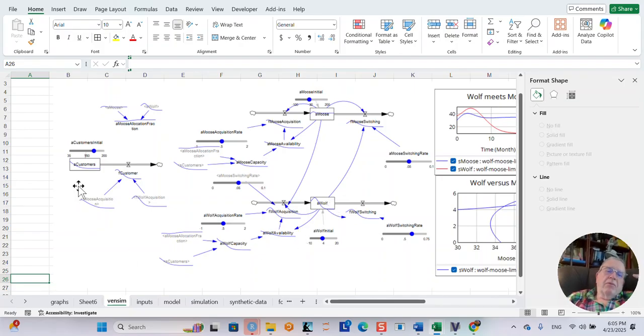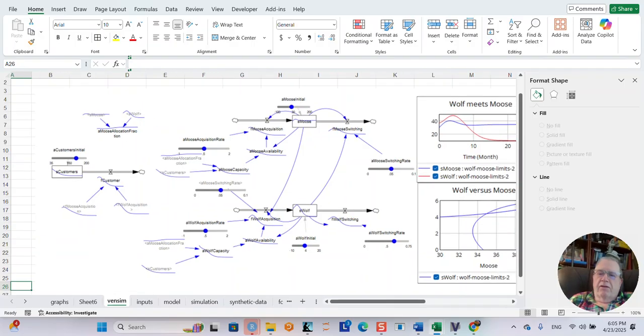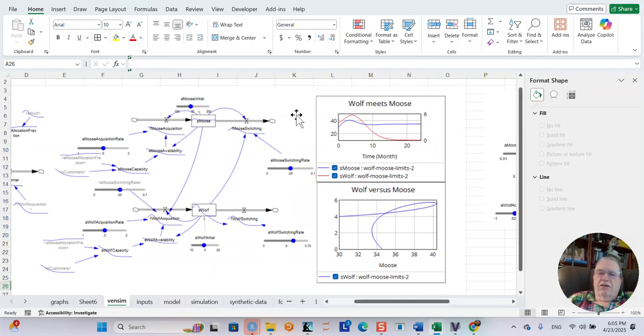But bring that back into the customer base here and have a customer sensitivity to price worked into the customer flow. And that would be my proposal. Don't know if that's going to work, because in these models, who would have anticipated this kind of shenanigans, right?